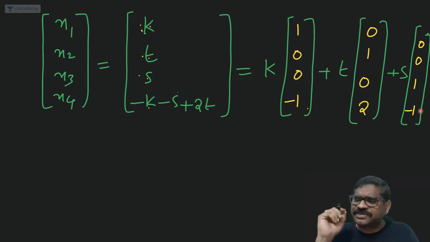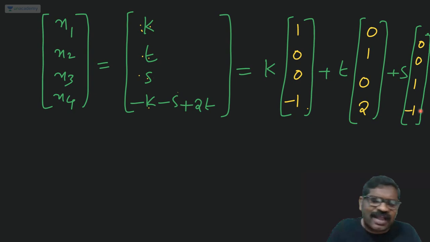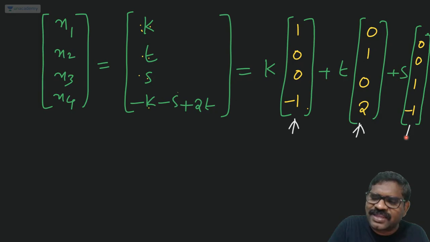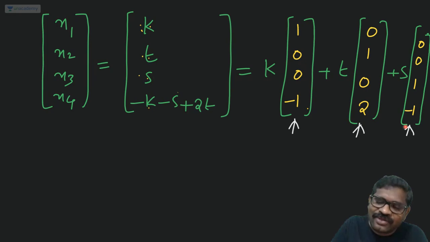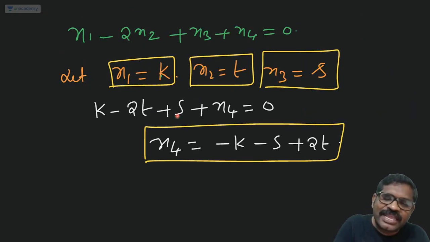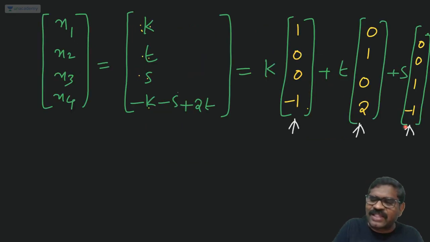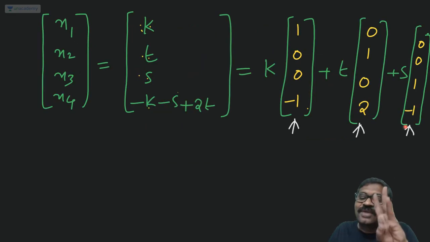Beautiful concept. Here you have 3 column vectors. All these 3 column vectors are developed by the 3 free variables k, t, s.